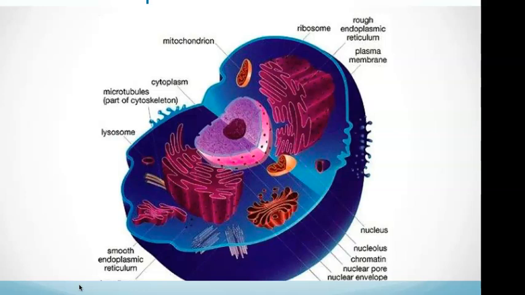So large amounts of smooth ER are found in liver cells, and one of the main functions is to detoxify products of natural metabolism. And what that really will show up in is overloads of either alcohol consumption or drug consumption.